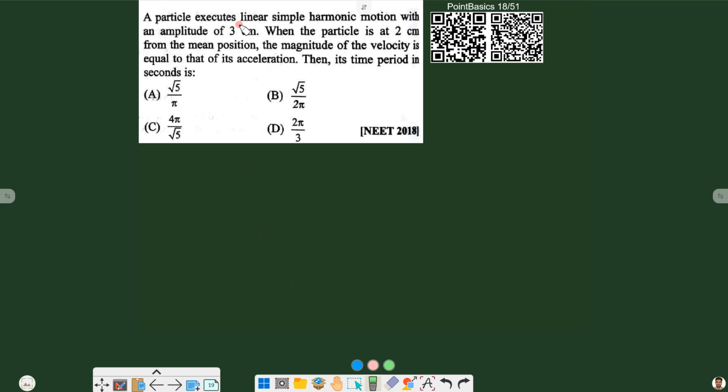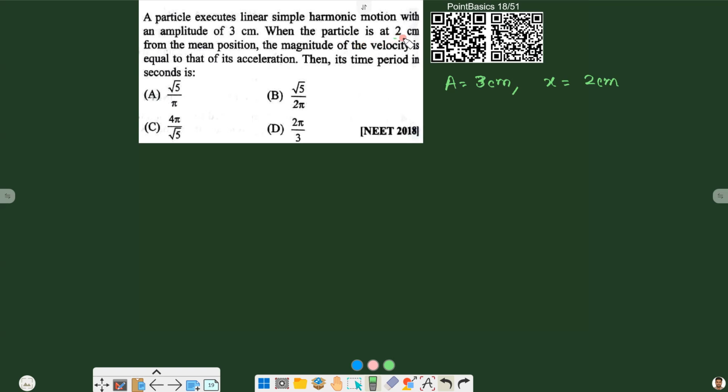A particle executes linear simple harmonic motion with an amplitude of 3 centimeter. When the particle is at 2 centimeter from mean position, the magnitude of velocity is equal to that of acceleration. Then find the time period in seconds. So we have amplitude, that is 3 centimeter, and displacement, that is 2 centimeter.